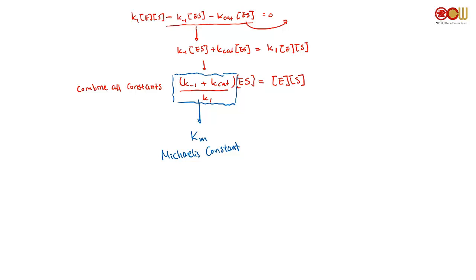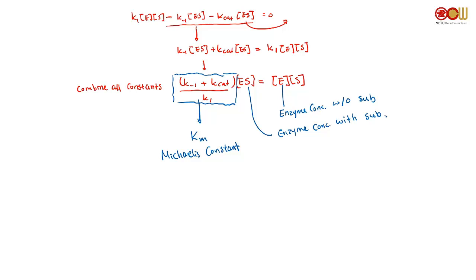And then E by itself is the concentration of the enzyme without the substrate. This is enzyme concentration without substrate. This is enzyme concentration with substrate.